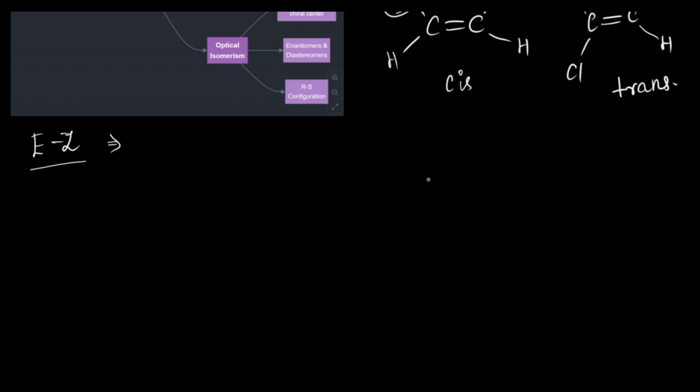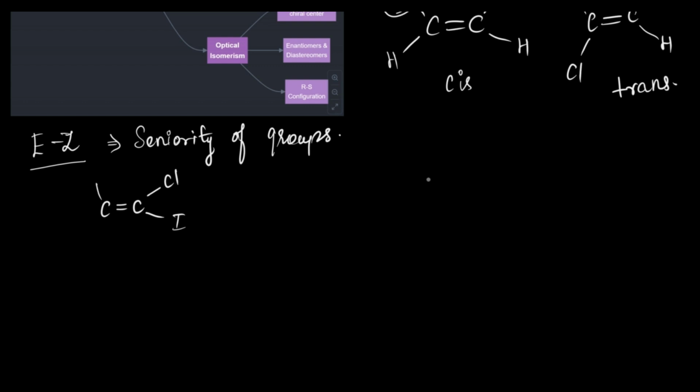Here, the important point is seniority of groups. What is seniority of groups? Say for example, if I am having Cl, I, H and Br. Let's take one carbon and consider these two substituents, hydrogen and bromine.